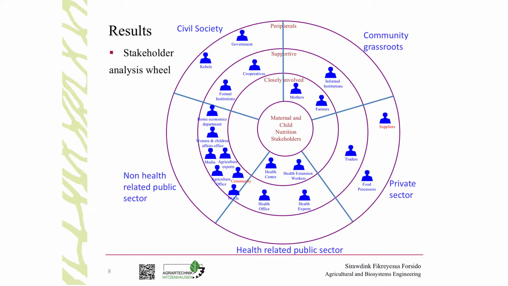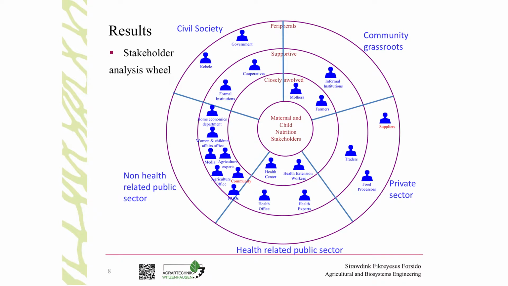When we see the roles of each stakeholder, mothers, health center, and health extension workers are closely involved in this maternal and child nutrition affairs. The majority of the others have only a supportive role, and the administrators, like government, have a peripheral role.